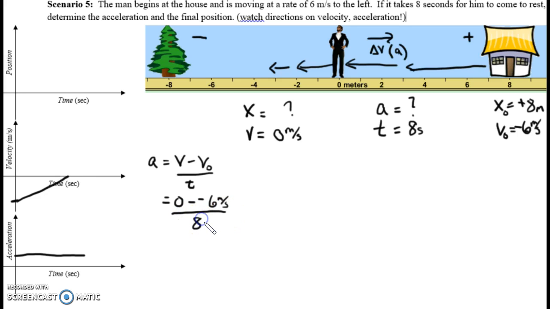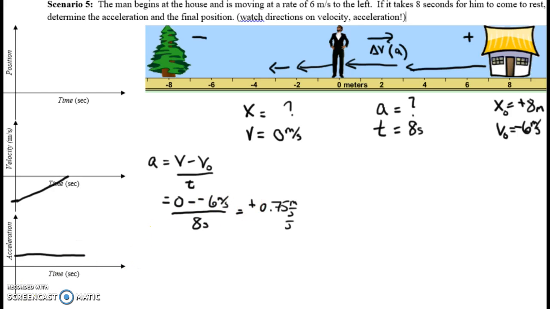And then we have 8 seconds is our time interval. So our acceleration mathematically is going to be positive 0.75 meters per second squared. And this is important because it makes sense here with our motion diagram with the acceleration pointing to the right, and it makes sense here with our velocity versus time graph. The slope of it is positive, so we should be looking forward here.